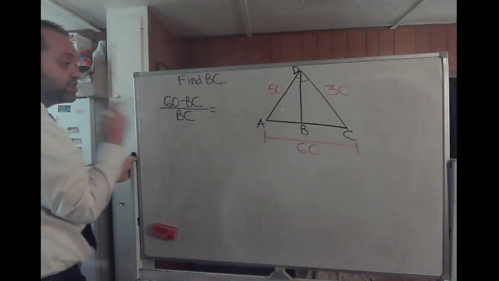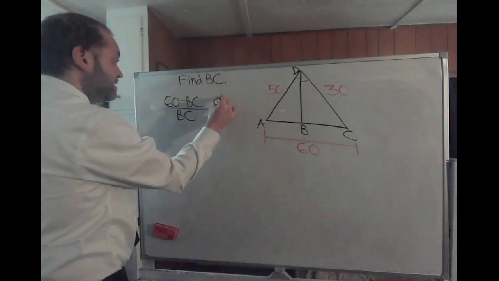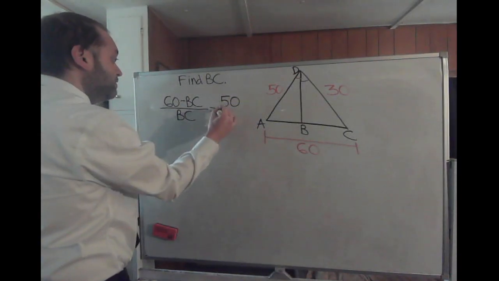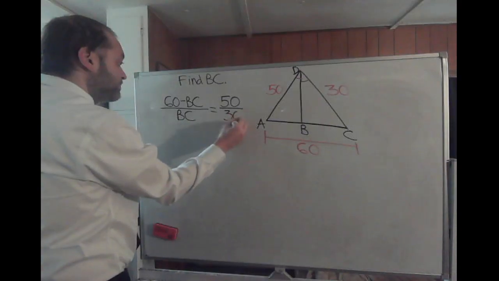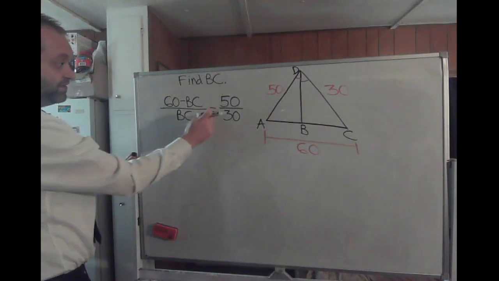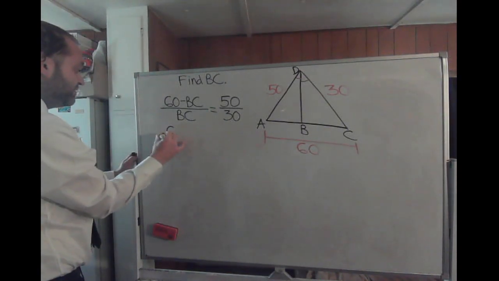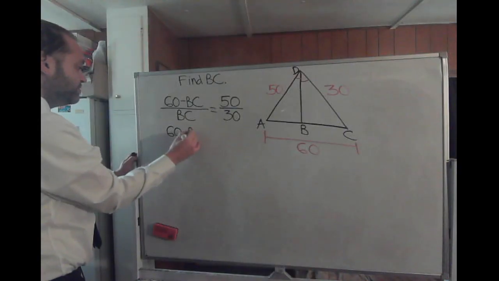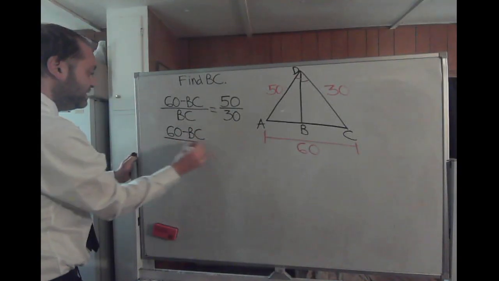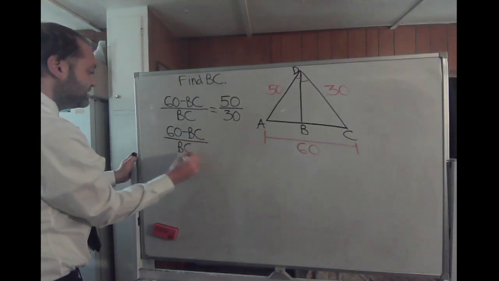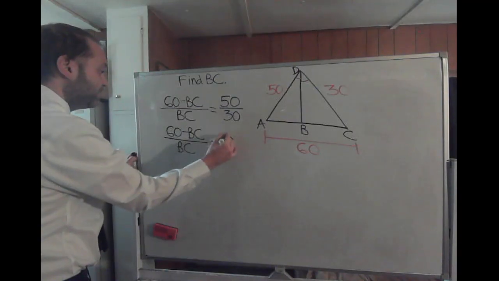We're going to set that equal to, starting on the left again, 50 over 30, which reduces to 5 to 3. So you could do this as 60 minus BC over BC equal to 5 to 3.